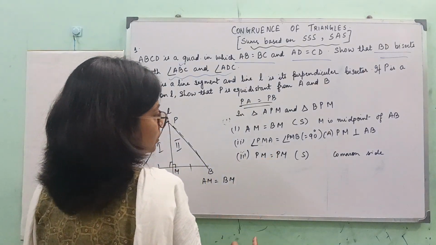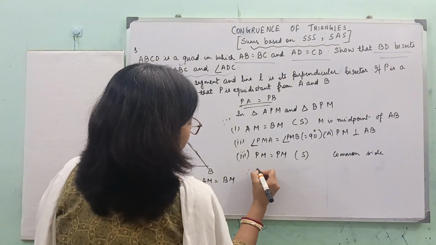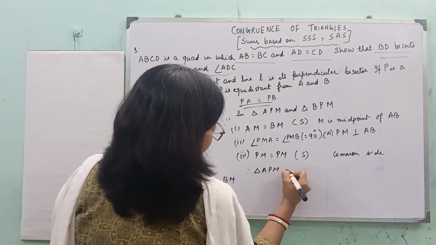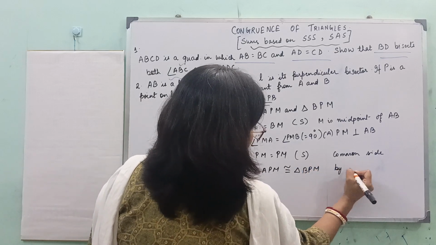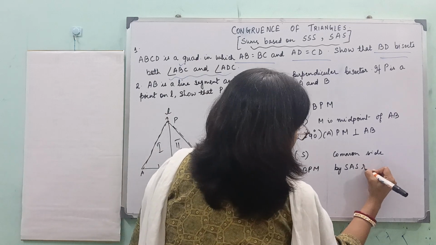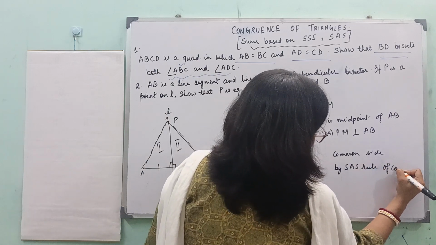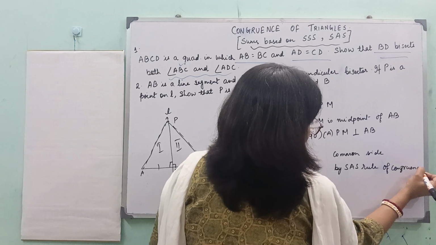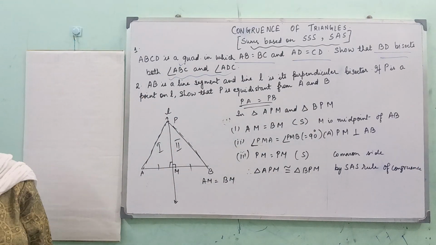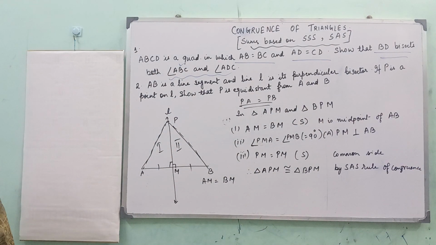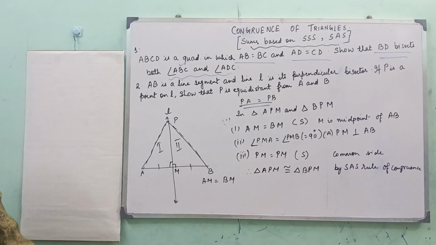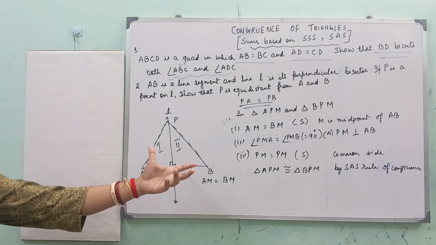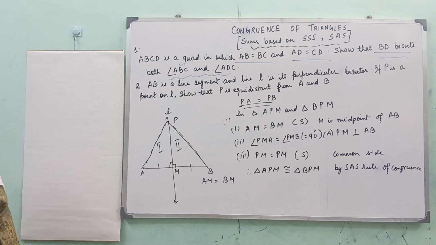Therefore, triangle APM is congruent to triangle BPM by the SAS rule of congruence. So the two triangles APM and BPM have been proved to be congruent, and we established their congruence by using the side angle side rule.